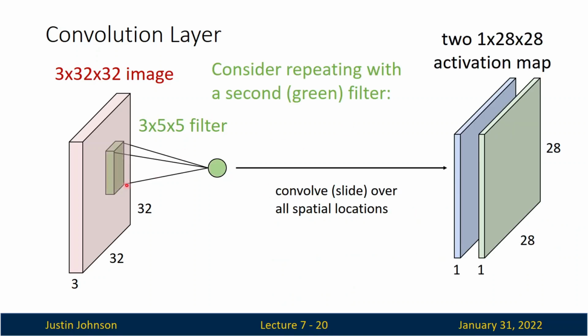Let's see the result for just this one single convolutional neuron. What you will get is a 1 by 28 by 28 matrix. Suppose I want to calculate the result at the left top corner.